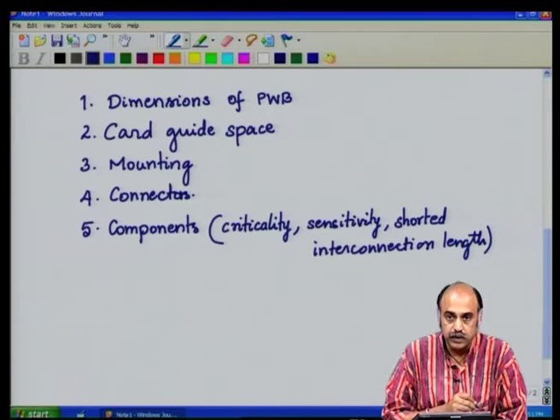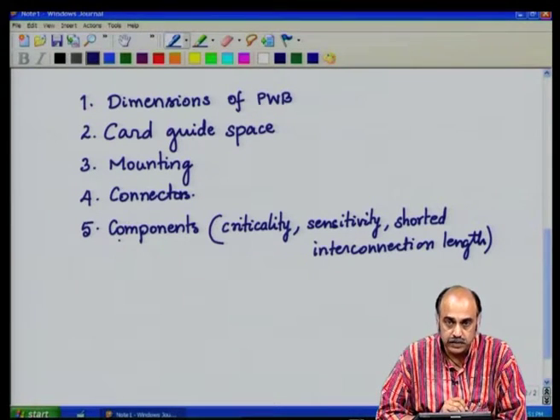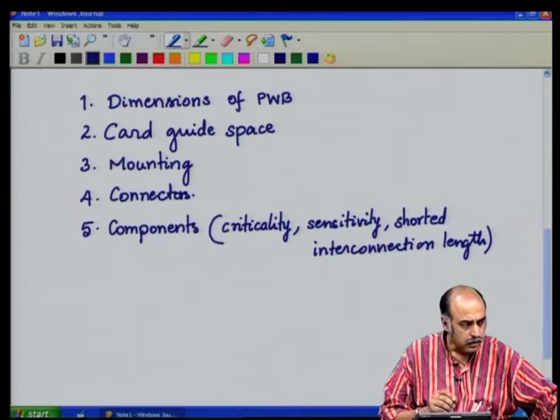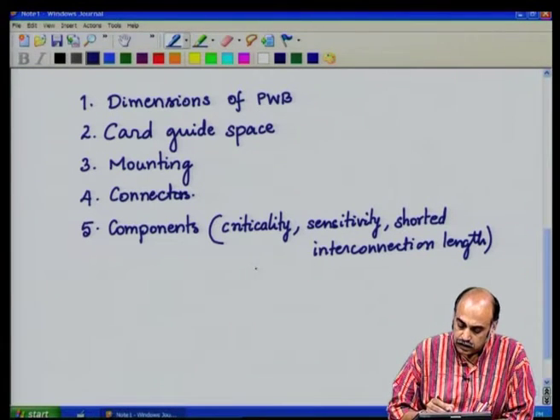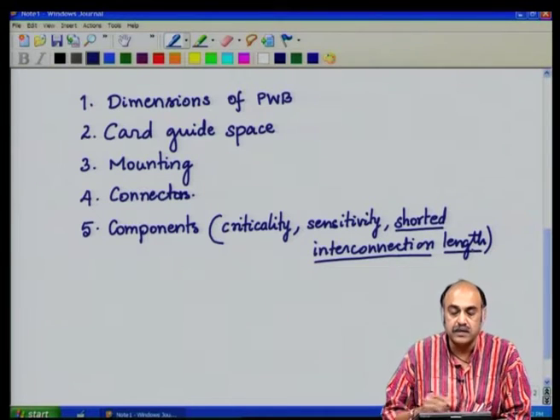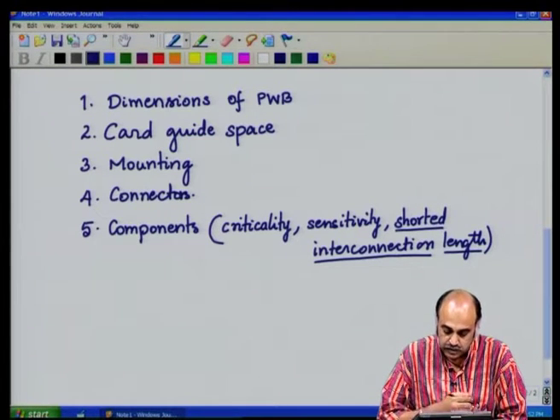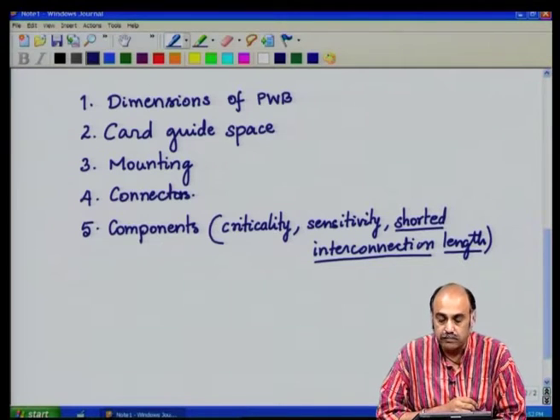These are some of the issues that will determine how you go about placing the components. In general, most of the time we would like to have very short interconnection lengths, track lengths. So, that is our primary motive, but sometimes we may not be able to establish that for all the components. So, you may have to make some iterations here.